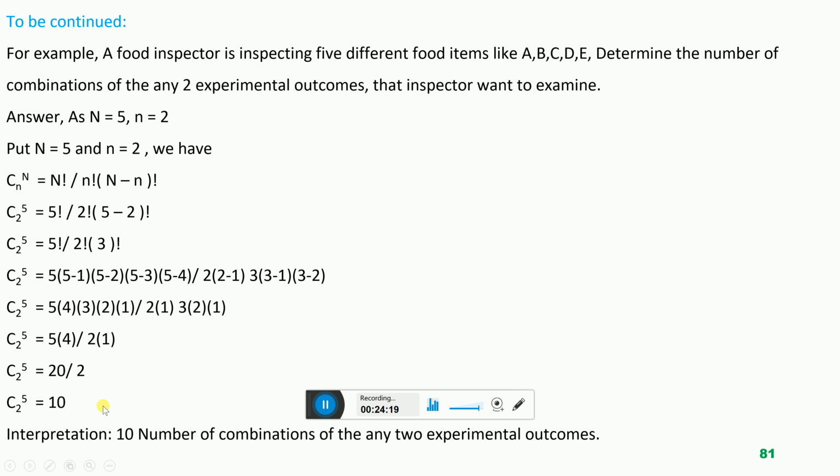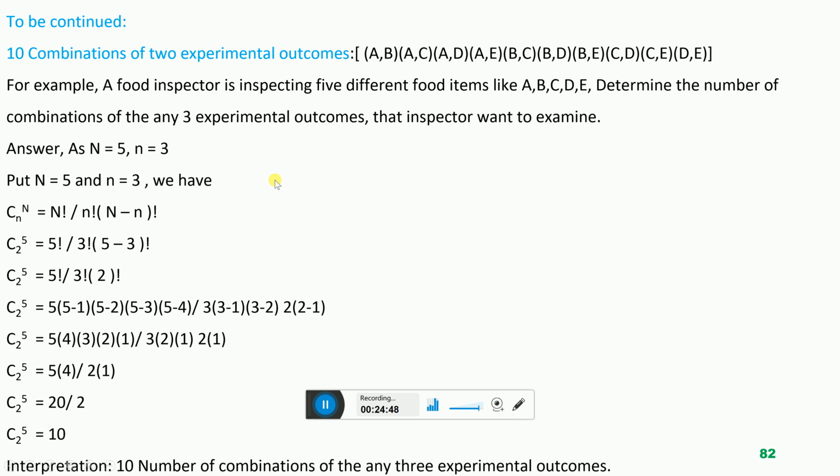So what does this 10 mean? What is its interpretation? 10 means that if the food inspector is inspecting any two from the large group of 5 items, 10 different outcomes of this experiment are possible, and these outcomes are given here. The inspector can choose A, B, the first and second food item, or A, C, the first and third item.